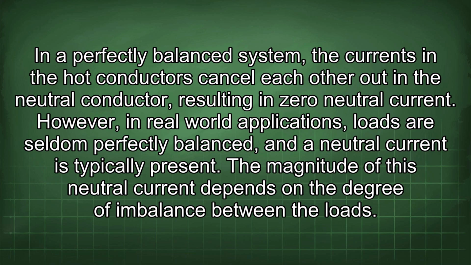In a perfectly balanced system, the currents in the hot conductors cancel each other out in the neutral conductor, resulting in zero neutral current. However, in real-world applications, loads are seldom perfectly balanced, and a neutral current is typically present. The magnitude of this neutral current depends on the degree of imbalance between the loads.